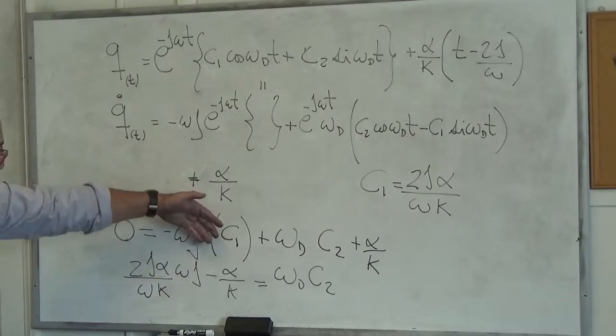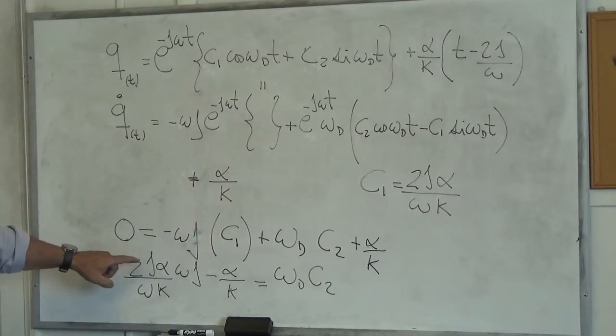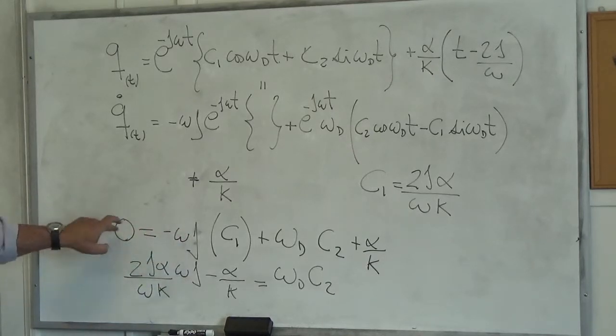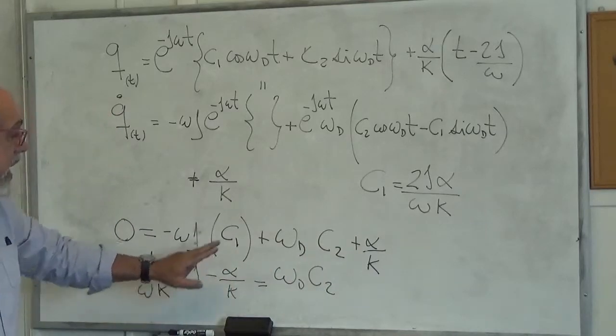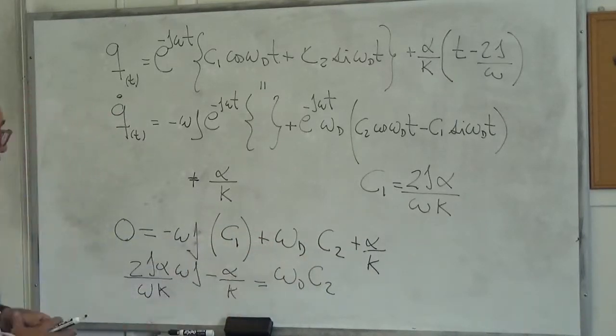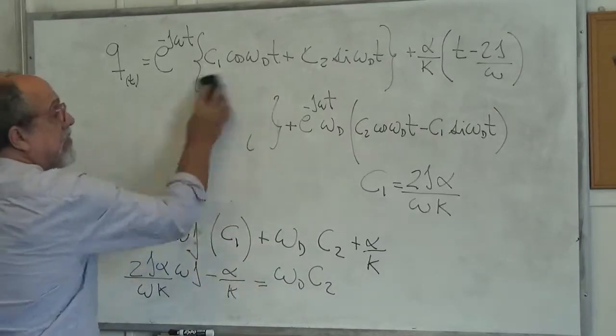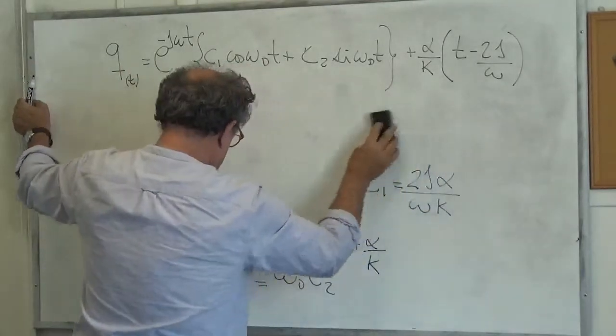So this one came to this side, C1 was 2 psi alpha over omega k times omega psi came here, minus alpha over k equals omega damped C2, right? And then I'm going to erase here because I get confused with so much stuff on there.